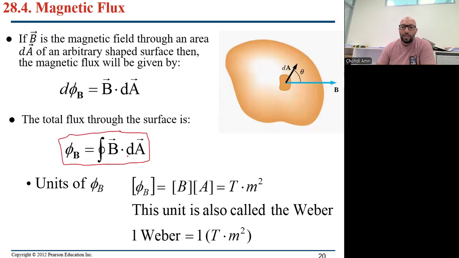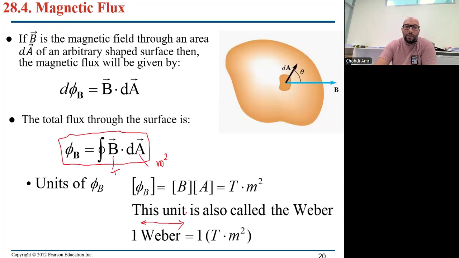As you know, B is in Tesla, dA is meter squared because it's a surface area, and the flux will be Tesla meter squared. Tesla meter squared is equivalent to a unit called Weber. So 1 Weber equals 1 Tesla multiplied by meter squared.